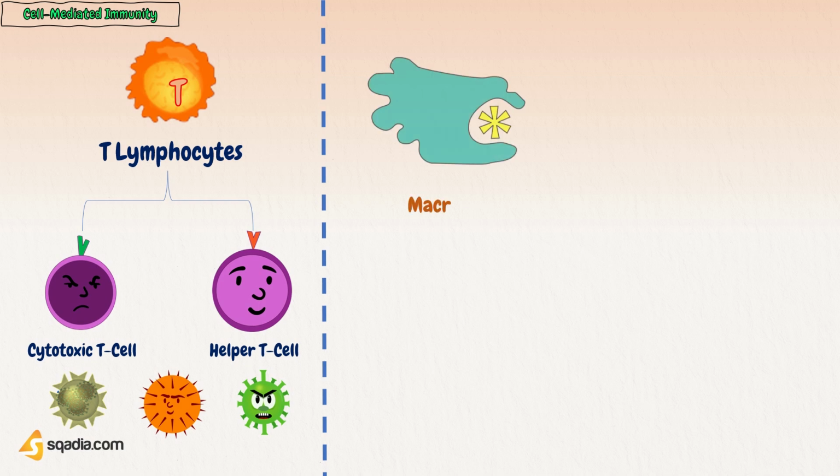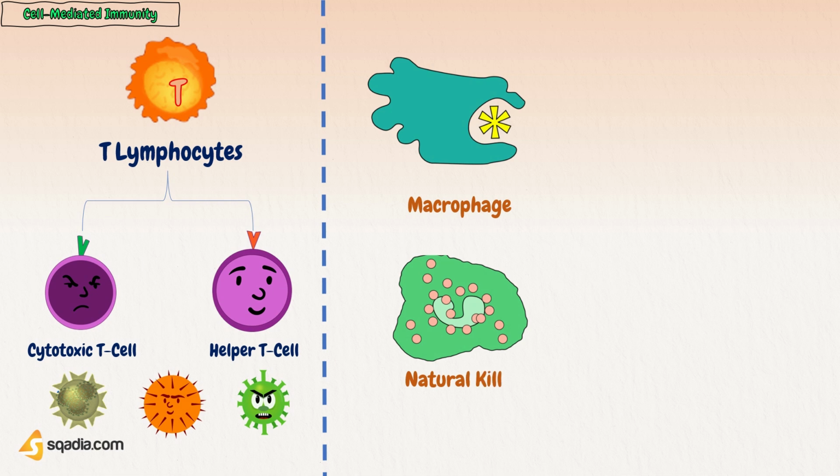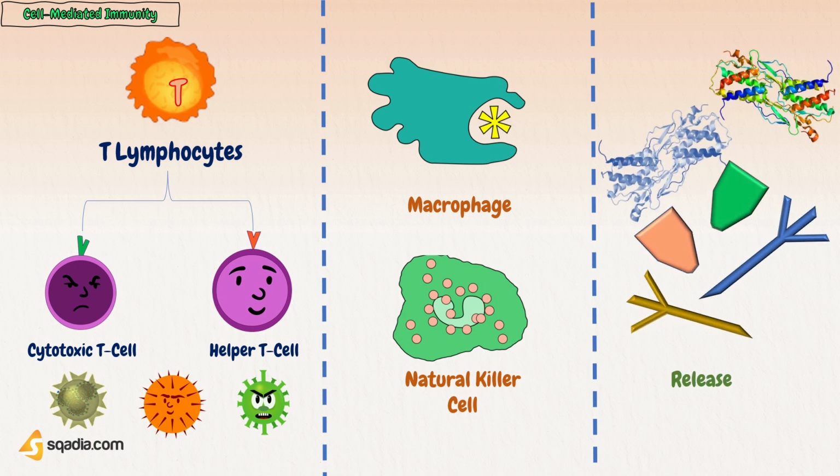It also activates macrophages and NK cells, enabling them to destroy intracellular pathogens, and stimulates cells to secrete a variety of cytokines that influence the function of other cells involved in adaptive immune responses and innate immune responses.